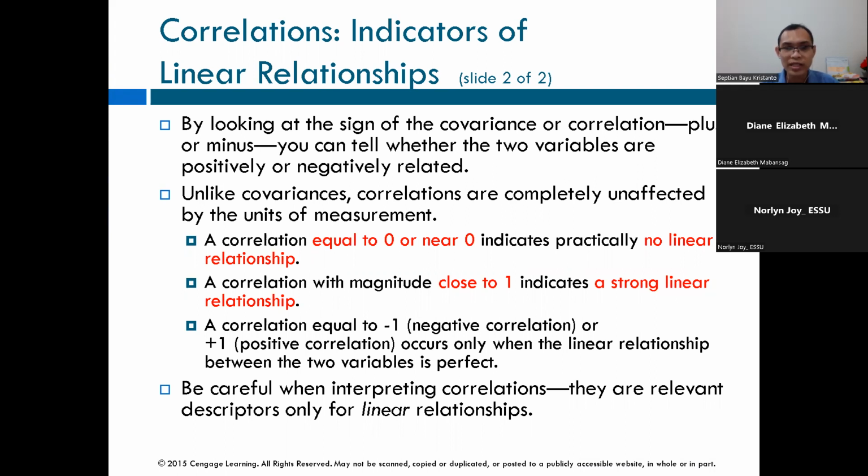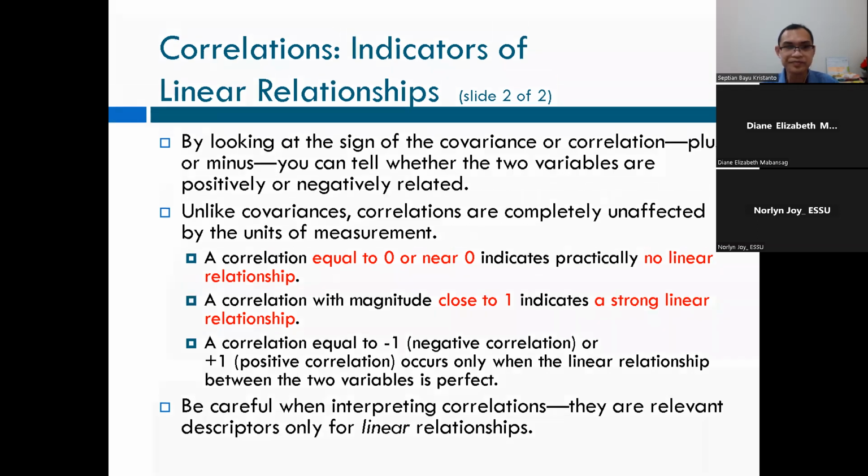But if your correlation is close to 1, it indicates a strong linear relationship. If you have a score of 1, it is a perfect relationship. It could be a negative correlation or a positive correlation, but there is a perfect correlation. If it is still close to 1, it just indicates a strong relationship.